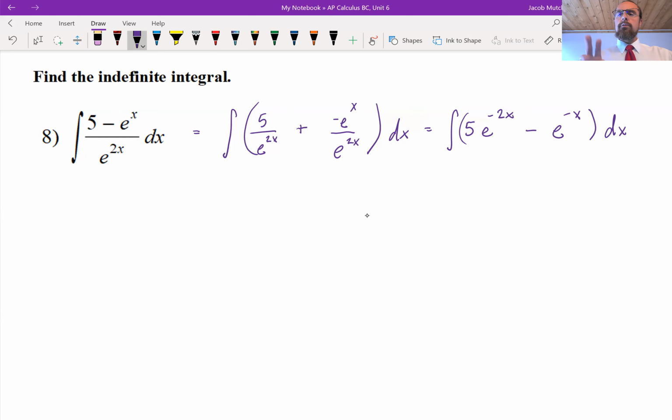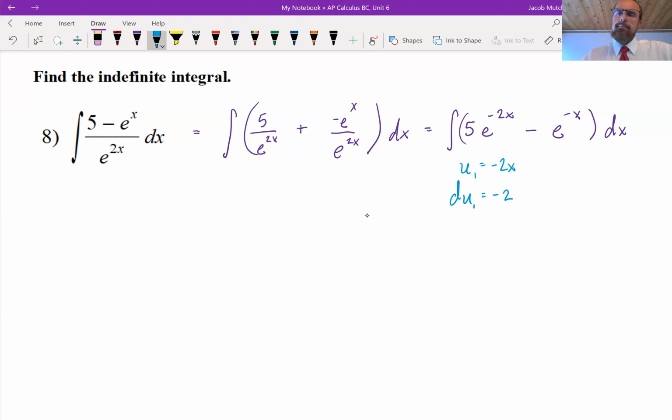In fact, what I want to do is make two substitutions. I want to really focus on this first term, and I want to call u sub 1 this power negative 2x. That means du sub 1 is going to be simply negative 2.